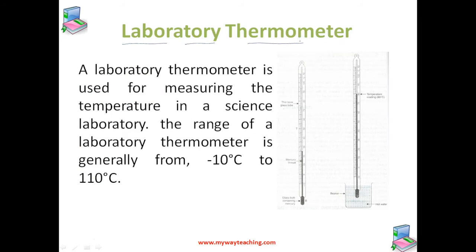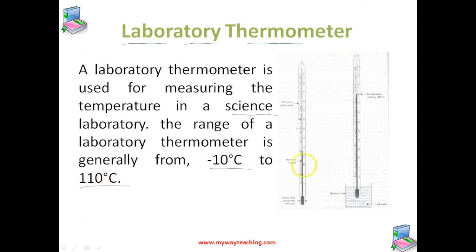This laboratory thermometer is used for measuring the temperature in a science laboratory. The range of this laboratory thermometer is generally from minus 10 degrees Celsius to 110 degrees Celsius.